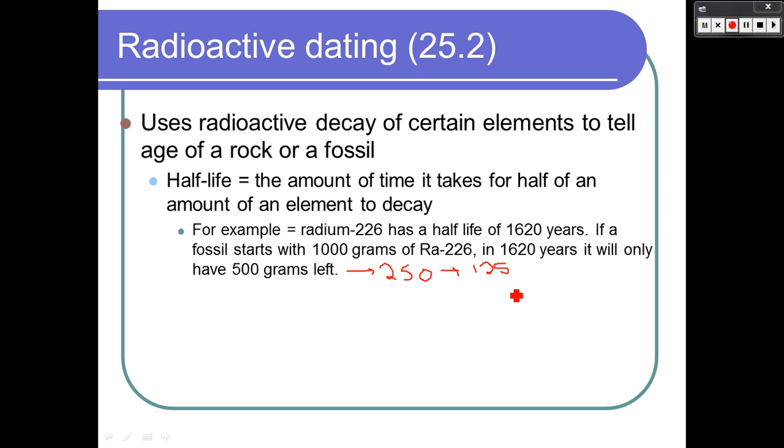If it then is weathered into sedimentary rock and then at some point goes back into the mantle and remelts and then spews out again, then the dating starts over. The life starts over, essentially, if you think about the life cycle of a rock. So while there's no necessary beginning of the life of a rock, as far as radioactive dating, if you're telling how old a rock is, the beginning is when it solidified as an igneous rock.